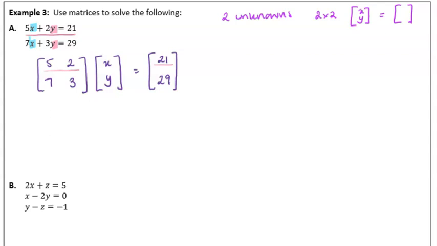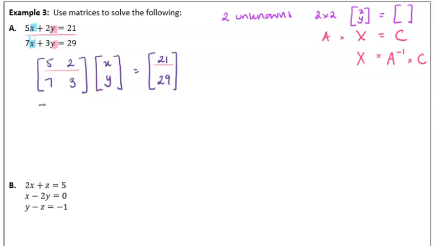When we go to solve this, remember if we're thinking about this as being in the form A times x equals c, to get our solution for that column matrix x, we are going to pre-multiply by the inverse of A. So we're going to do inverse A times c.